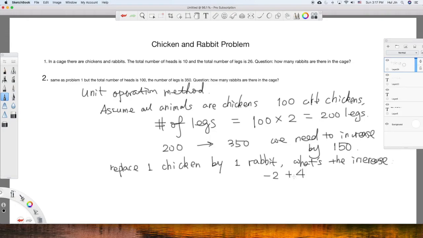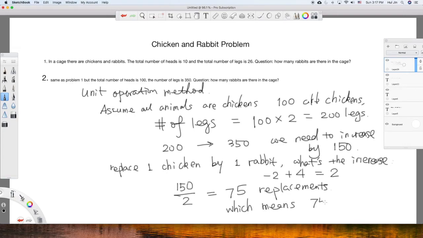Taking out 2 legs and adding 4 legs equals an increase of 2. So every replacement increases the number of legs by 2. So how many replacements do we need to do to get 150? Easy. 150 divided by 2 equals 75 replacements, which means 75 rabbits.